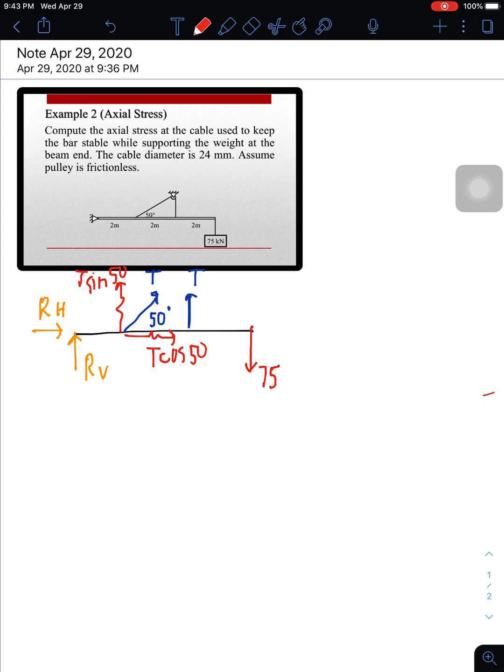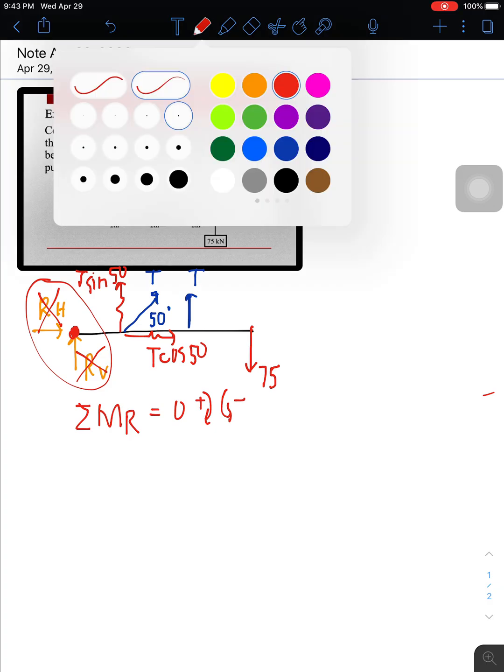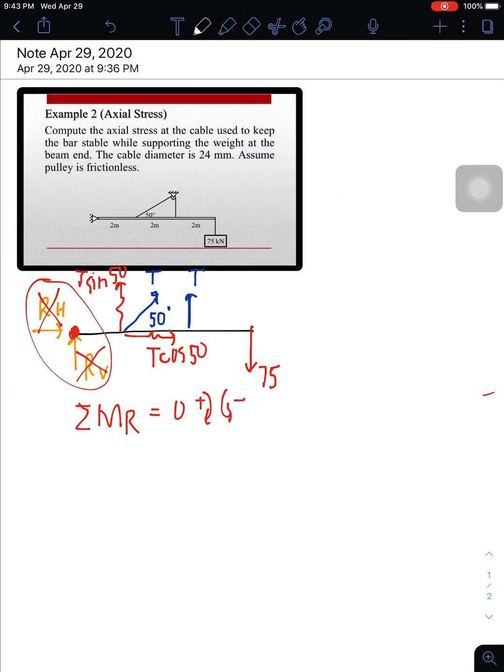Then what's next? Since we don't need these reaction values, we do the summation of moment at R, meaning they cancel out from the equation. So summation of moment at R equals 0. Clockwise positive, counterclockwise negative. Then we solve for T.